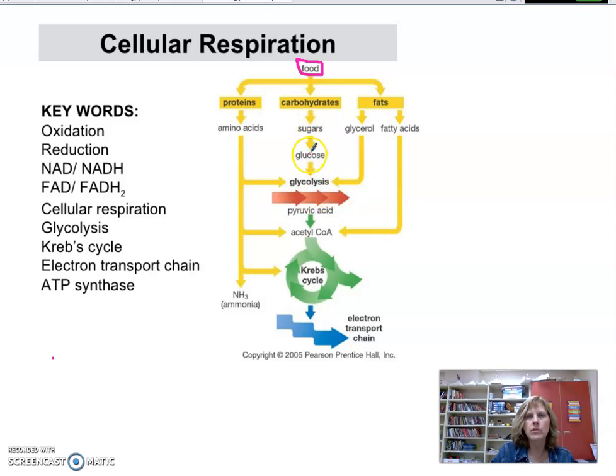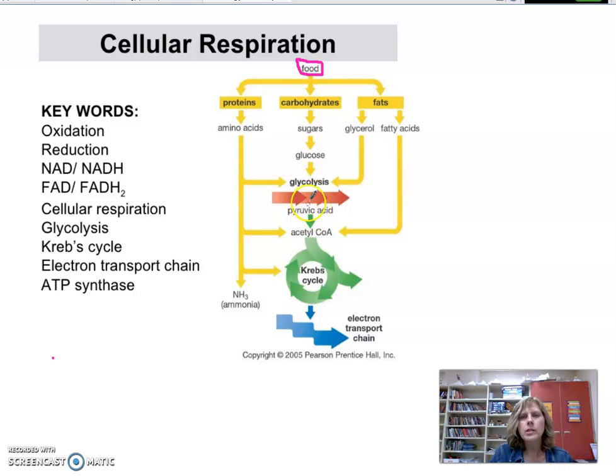We have glucose being made, and then glycerol and some of these amino acids will also go through that process of glycolysis. So remember, we said that's the first step in cellular respiration, where glucose is broken down. Glucose is a 6-carbon sugar, and it makes 2 of these 3-carbon pyruvate or pyruvic acid molecules.